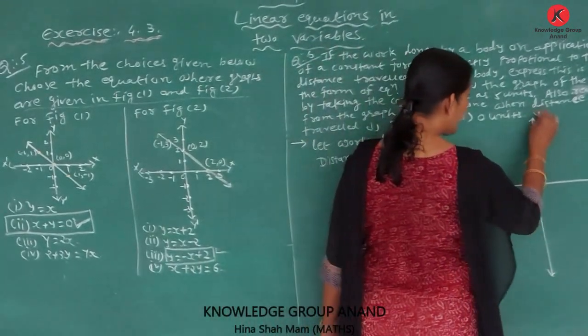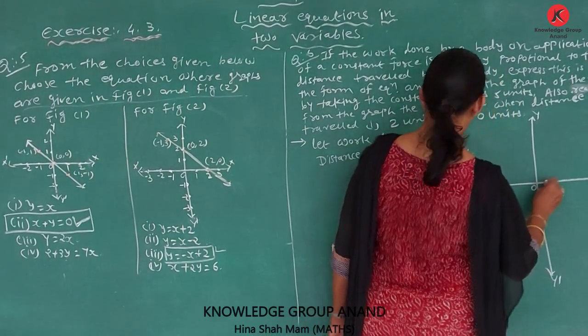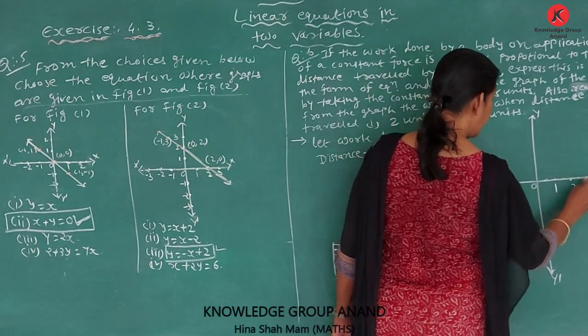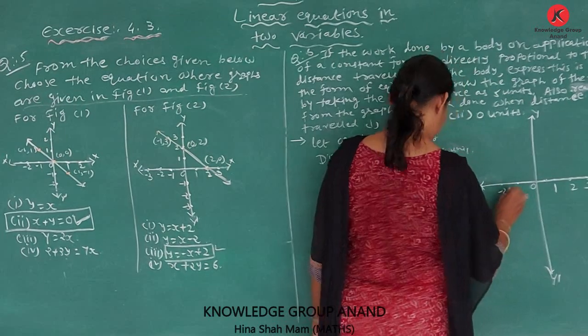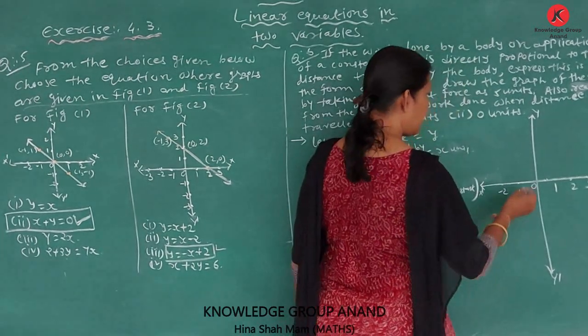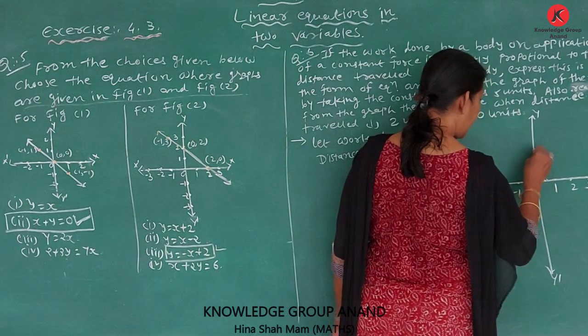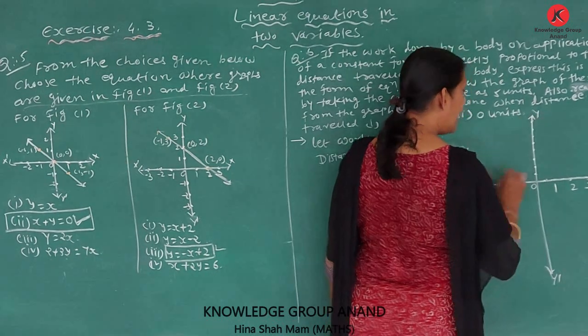Here x is equal to 0, 1, 2, 3. Minus points are not taken. I take here 1, 2, 3, 4, 5, 6, 7, 8.